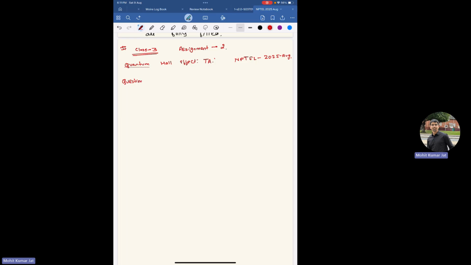Question number one, which says: show that the quantum Hall states are incompressible, meaning you can't compress them.